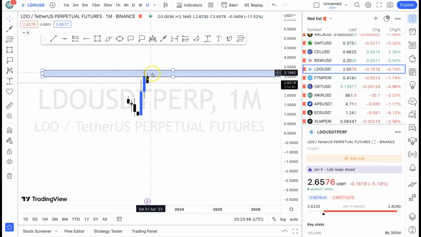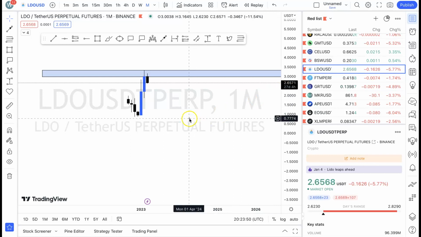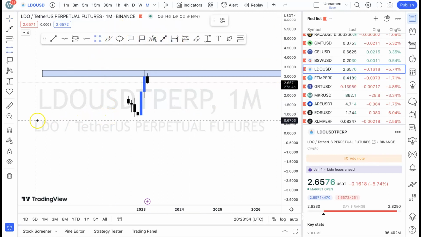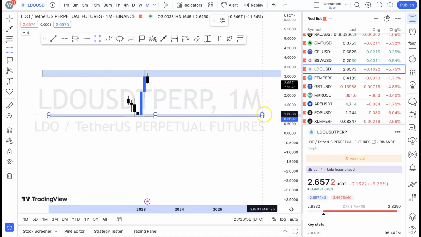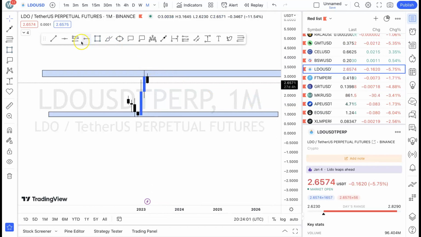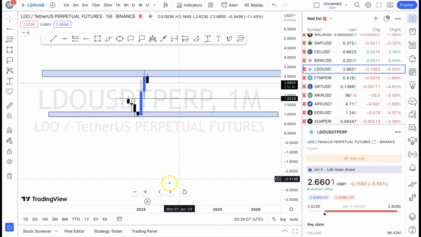So it looks like we've hit a resistance zone. Of course, this is the monthly chart, and we can't really say anything, right? And the support here, we've got the support floor right here on the chart. That's the support floor, and of course there could be a mid level here to anticipate for this coin.